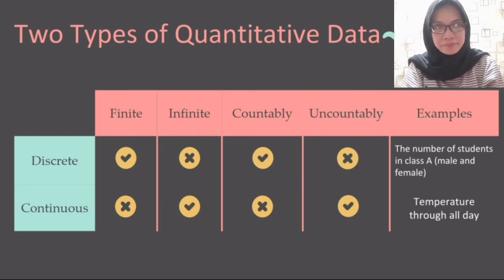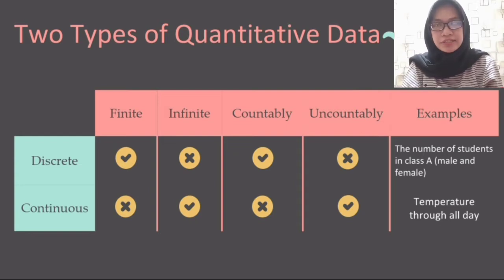For example, the number of students in class A, either the male students or female students. Let's say in the class there are 5 male students and 5 female students. It could be said that there are 10 students in the class, not 10.5, not 10.3 or whatever.